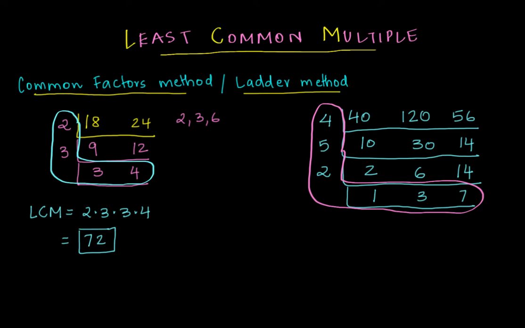And the LCM is the product of all these numbers. So LCM equals 4 times 5 times 2 times 1 times 3 times 7. So that's 10 times 12, that's 120, and 120 times 7 is 840.